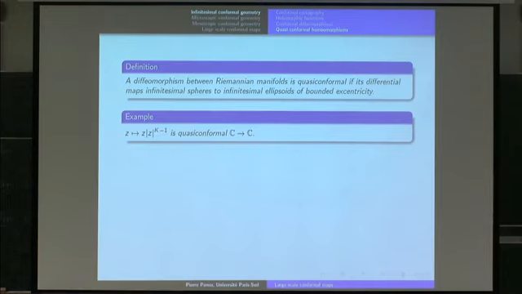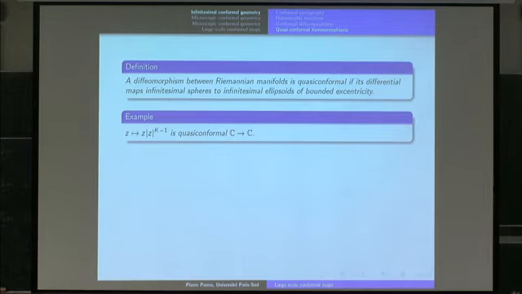So this is a notion, quasi-conformality, that arose in 1928. Herbert Grötzsch produced this definition for diffeomorphisms. Quasi-conformal means that infinitesimal spheres are not mapped to round spheres but to ellipsoids of uniformly bounded eccentricity. Locally, of course, a diffeomorphism is always quasi-conformal, but globally it's a uniform property which may fail.